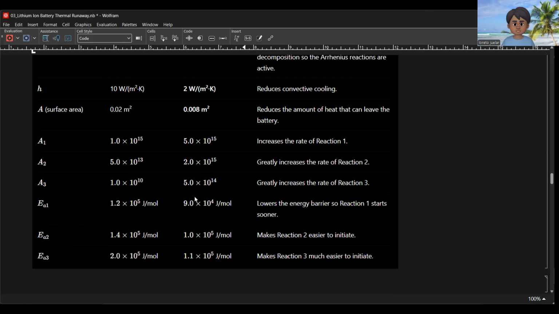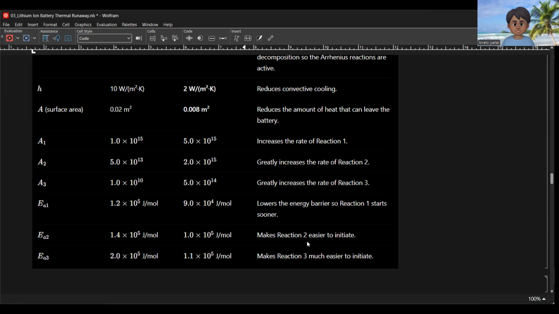So if we lower the activation energy, the ratio of the activation energy to the universal gas constant and the absolute temperature can also be lowered. So we also have to lower the activation energy here from 1.4 times 10 to the fifth joule per mole to 1.0 times 10 to the fifth here.